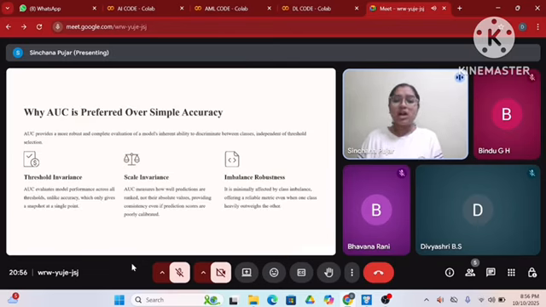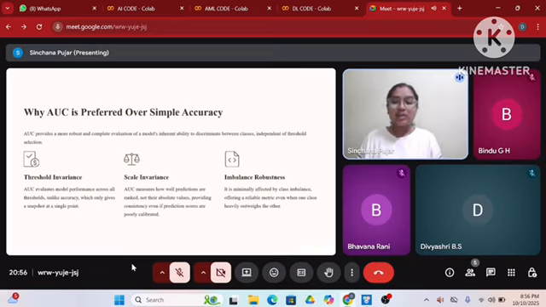Next, coming to why AUC is preferred over simple accuracy. AUC provides a more robust evaluation of a model's inherent ability to discriminate between the classes, independent of threshold selection. First we have threshold invariance, scale invariance, and imbalance robustness. Threshold invariance: AUC evaluates model performance across all thresholds, unlike accuracy, which only gives a snapshot at a single point.